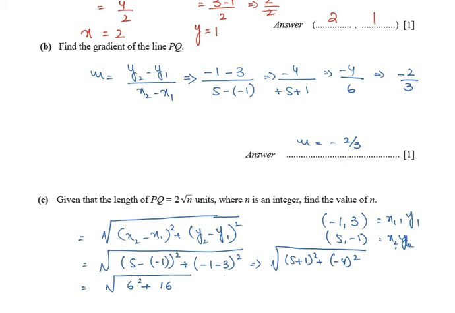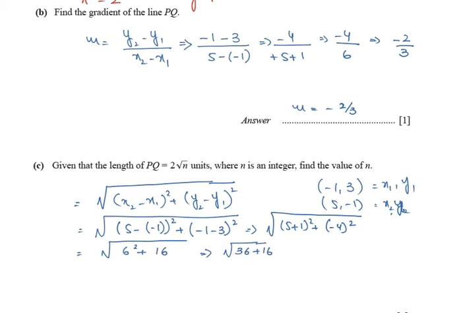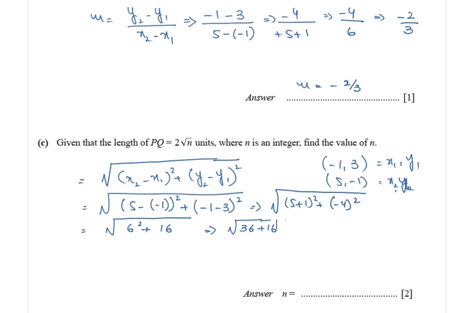It will be positive. So the square of 6 is 36. 36 plus 16: if we add 36 and 16, 6 plus 6 is 12, 2 and 1 is 3, 4 and 5, 52. So the length of PQ is under root 52.